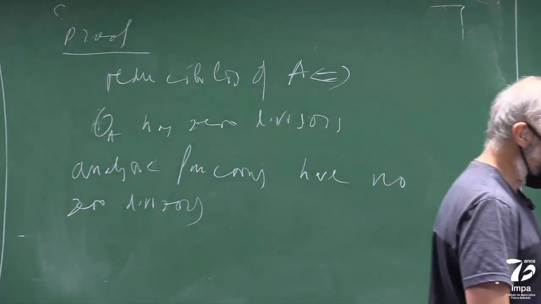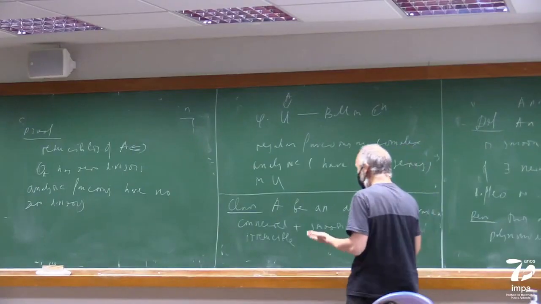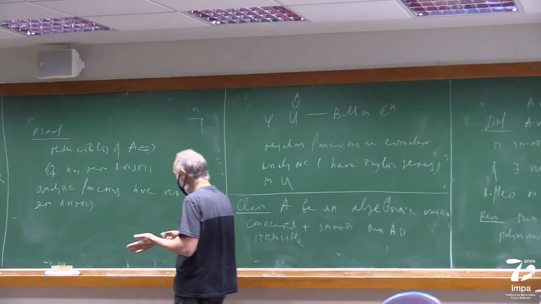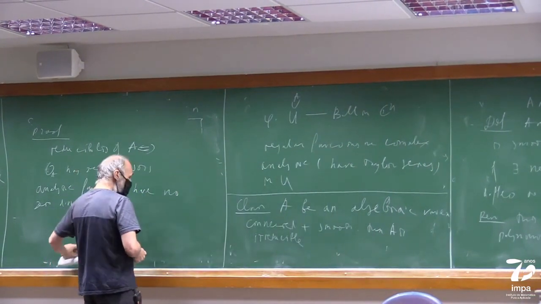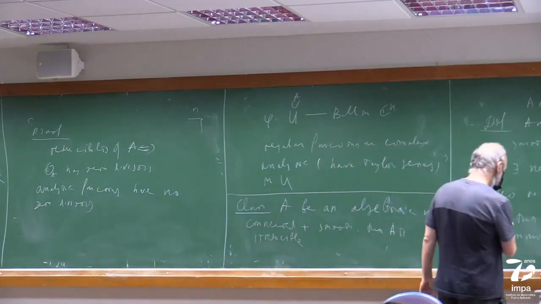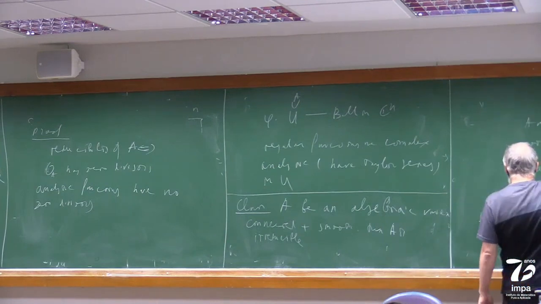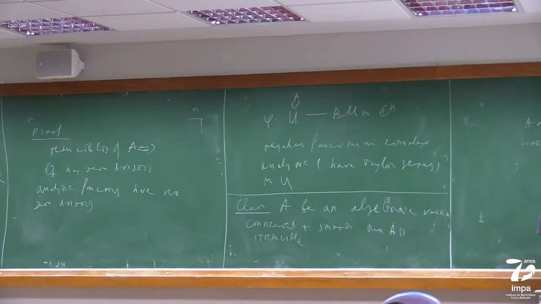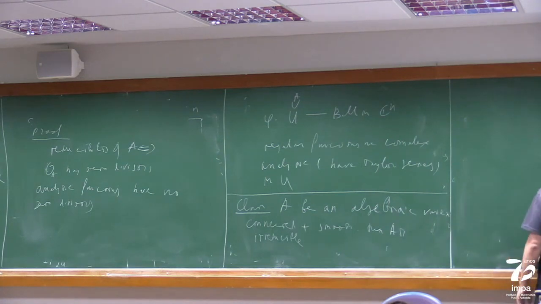This would immediately imply, of course, since we know that regular functions are complex analytic, and if we know that complex analytic functions have no zero divisors, we are done with the irreducibility of smooth algebraic varieties. Okay, so let's see why complex analytic functions have no zero divisors.